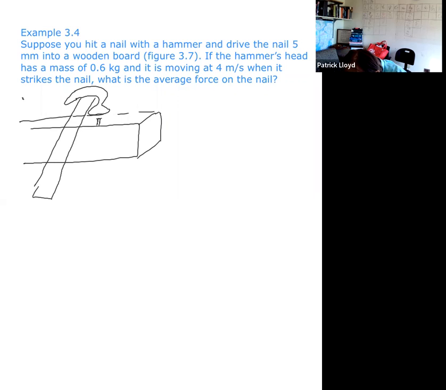So there's your nail into the wood, bam. One smack. They tell us that the distance the nail goes in is 5 millimeters. That's the distance that it goes in. They also give us the mass of the hammer, 0.6 kilograms, and that it's moving at 4 meters per second.